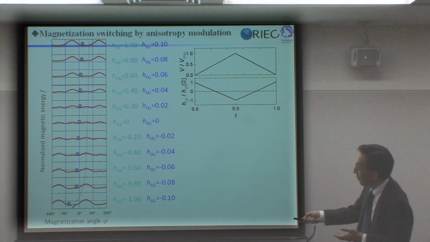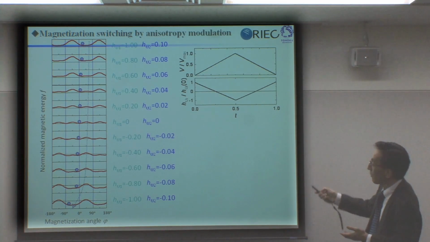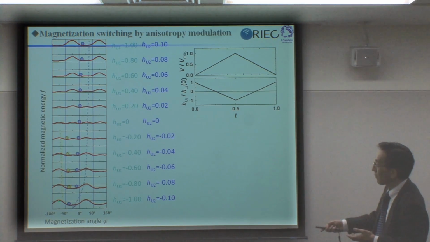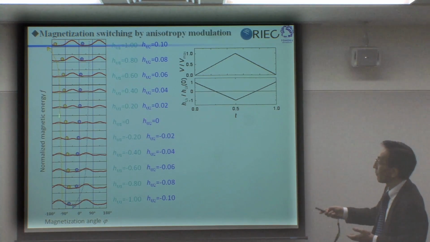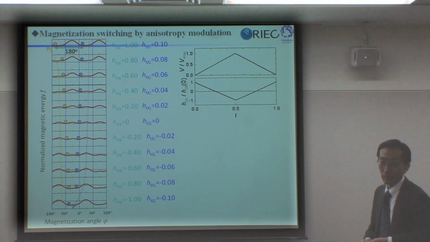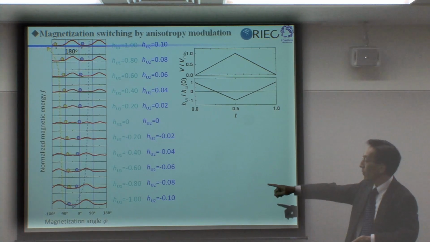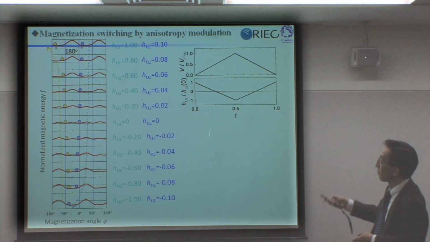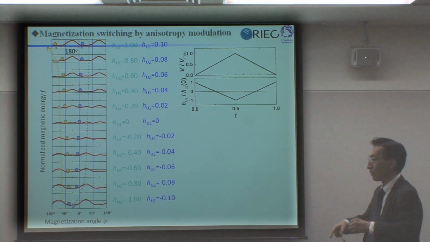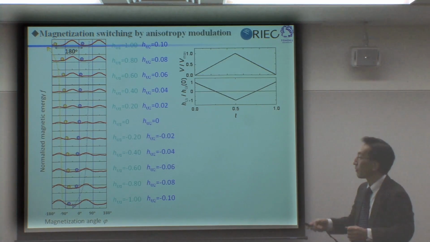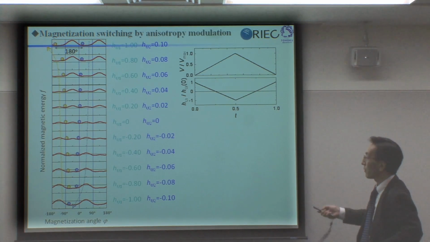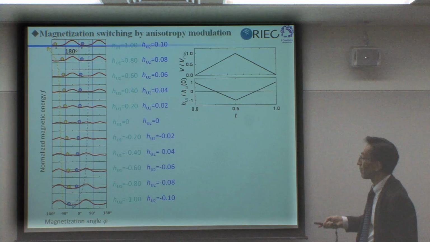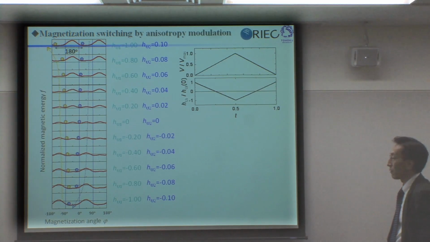And if you start from here and if you go back, actually it will not go back to its original position, but the trace or the trajectory is different, and you can have a 180-degree switch. So basically what you're doing here is that you're using the anisotropy landscape to form a ratchet motion. So if the product of the two is negative, then it goes the other way around. So if we can achieve this second term, we should be able to do 180-degree switch.